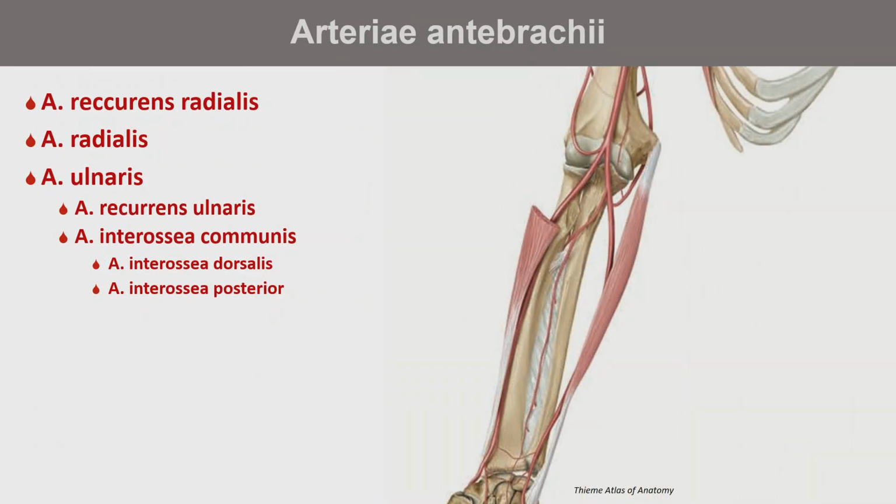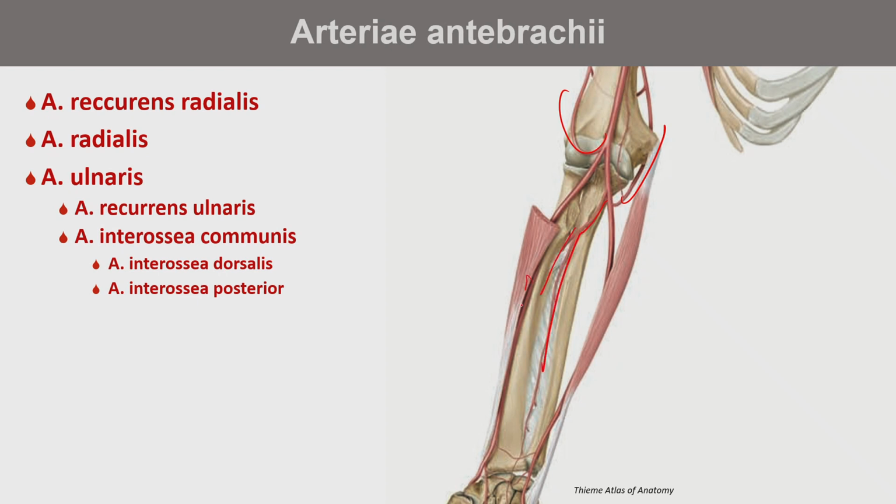So, antebrachial arteries are quite simple, very simple. We have the brachial artery divided into the ulnar and radial. We have two recurrent arteries, and the interosseous artery divided into the anterior and posterior arteries.